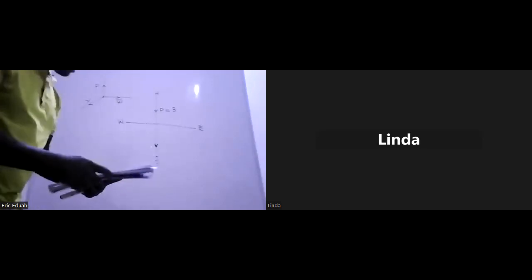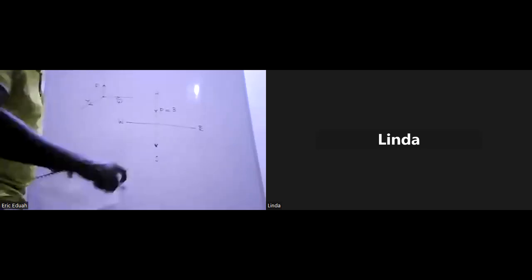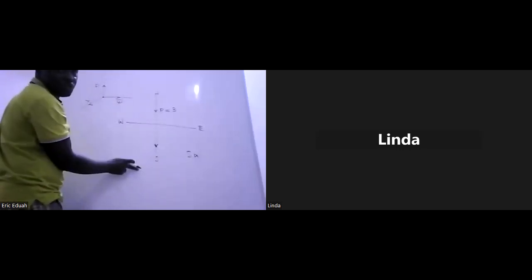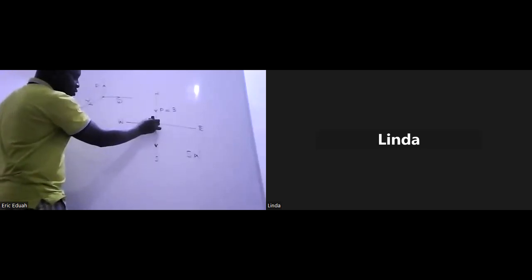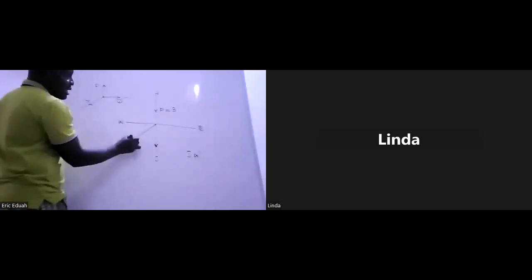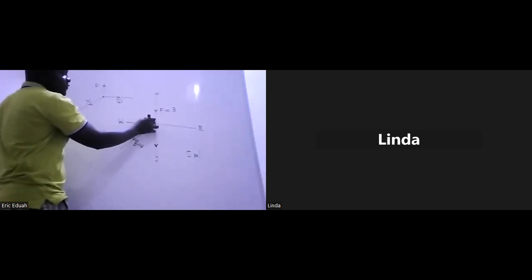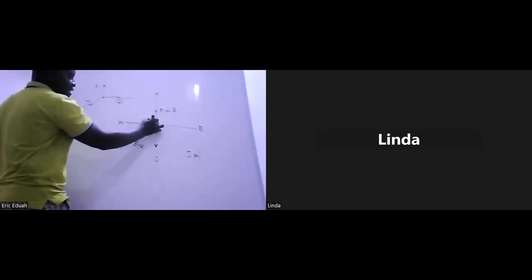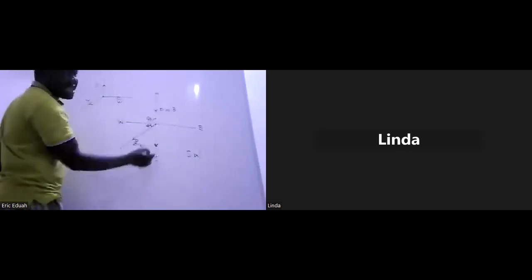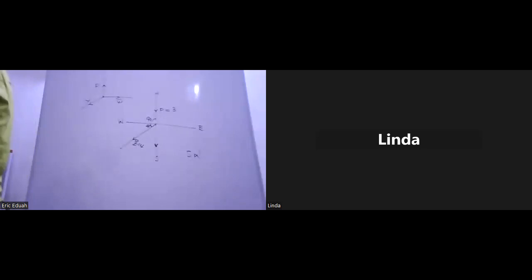Then Q is 4 units south of west. South of west divides the quadrant into 2 equal parts, so this is 45 degrees, and this is 90, making the total angle between the two vectors P and Q 135 degrees.